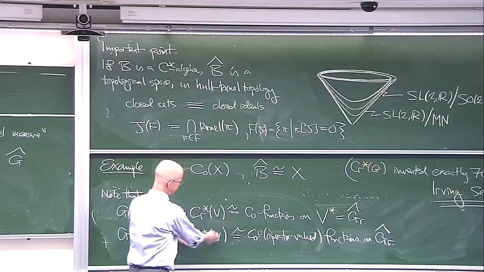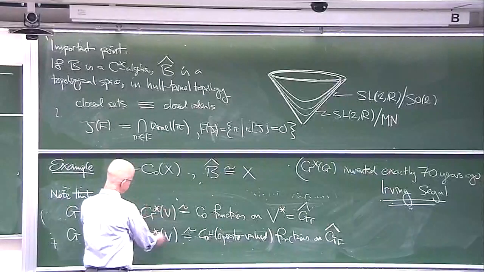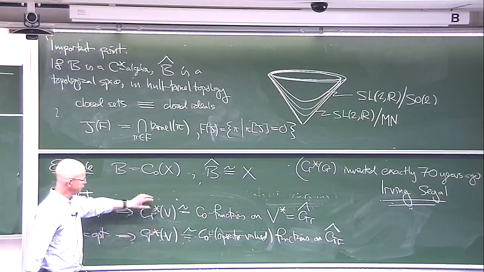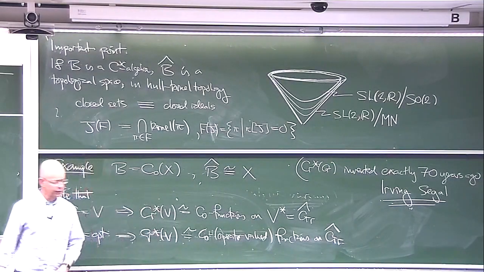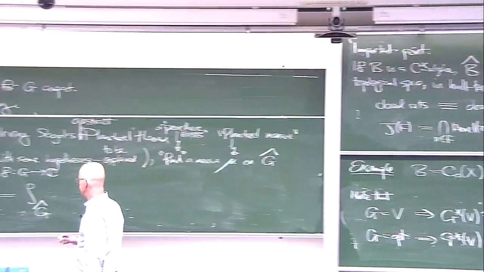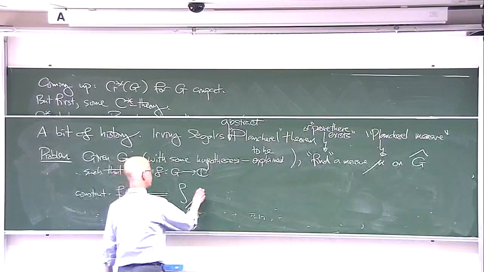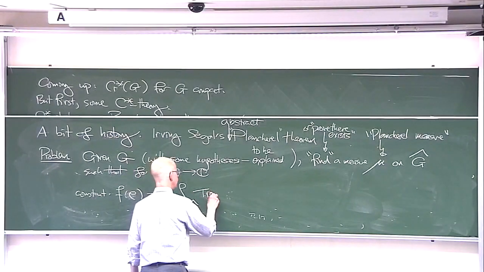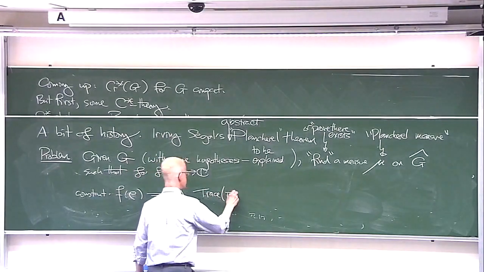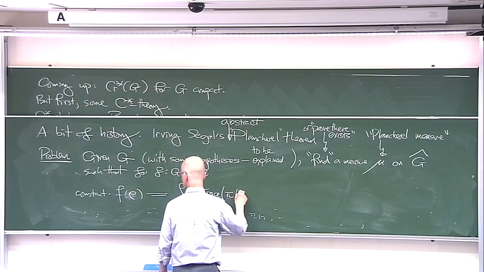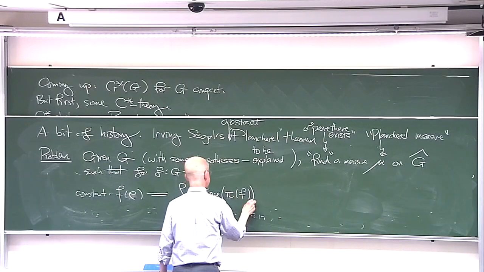Remember, these spaces are basically the same, just some different norm is involved, basically the same as L2 of V and L2 of these. Okay, now what are you supposed to do? Well, after some thinking, it was decided that this is the right thing to do.